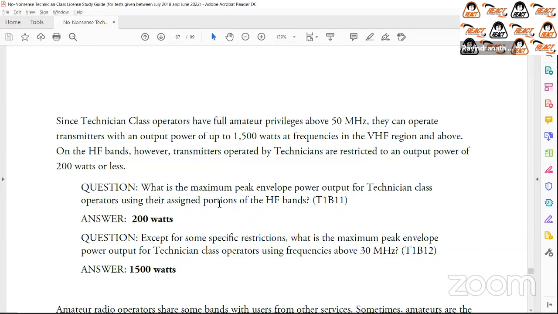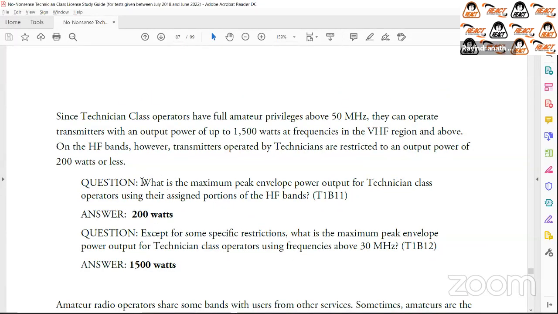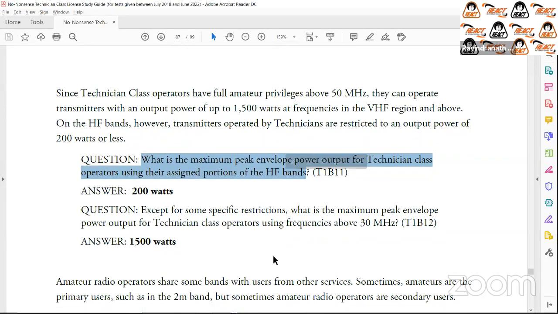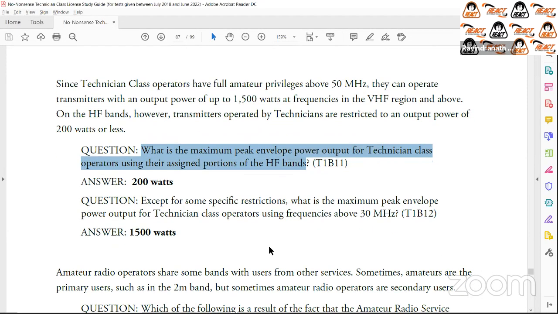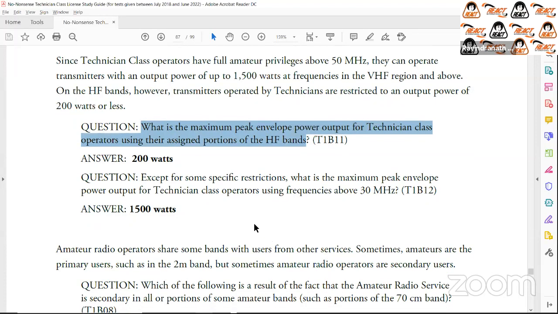All right. Next question. Again, we covered all of these on the slide deck, so we're just running through at a relatively fast pace. What is the maximum peak envelope power output for technician class operators using their assigned portions of the HF bands? So we did that today, but let's dissect the question. They have a way of trying to tie you up and asking the question in a very fancy way. The question is, what power can a technician class use on HF? That's what they're asking.